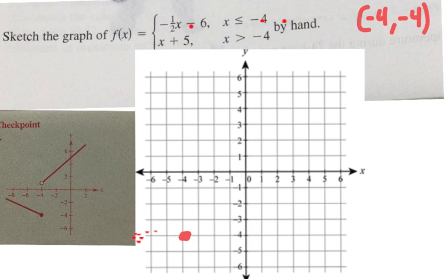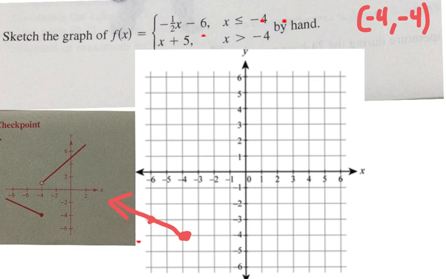I'm going to use the slope going left. That slope tells me I could go down 1, right 2, or I could go up 1, left 2, if I put the negative in the denominator. So I'm going up 1, left 2. Here's the next point on that line, and then I'm going in that direction forever. So that's the bottom piece of the function.